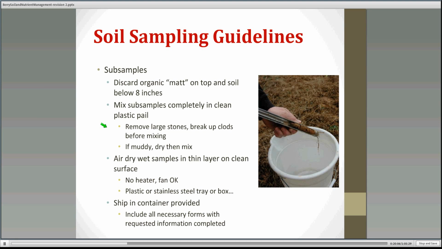If the sample is too wet, then put it on something like a plastic plate, put a fan on it to air dry it. Avoid using any kind of heat source because that can definitely skew the results, especially nitrogen. And then make sure that you put it in the appropriate container for the lab that you're sending it to. And make sure that your forms are completely filled out because they use that information in making the recommendations.